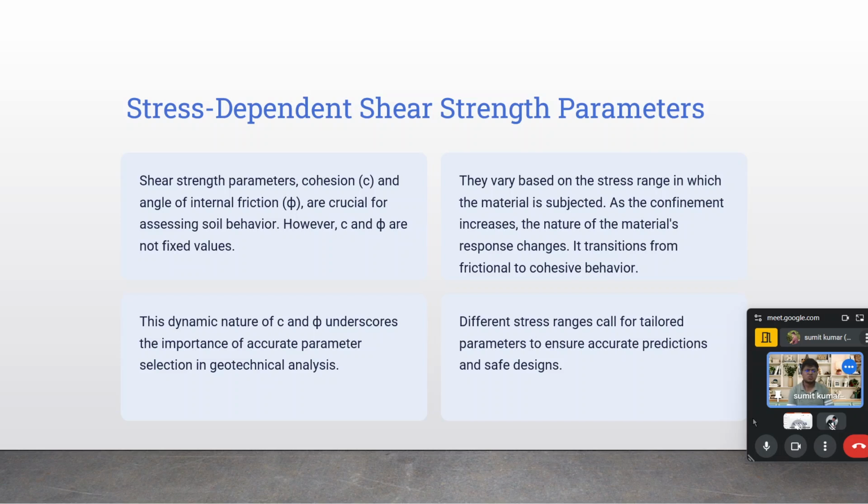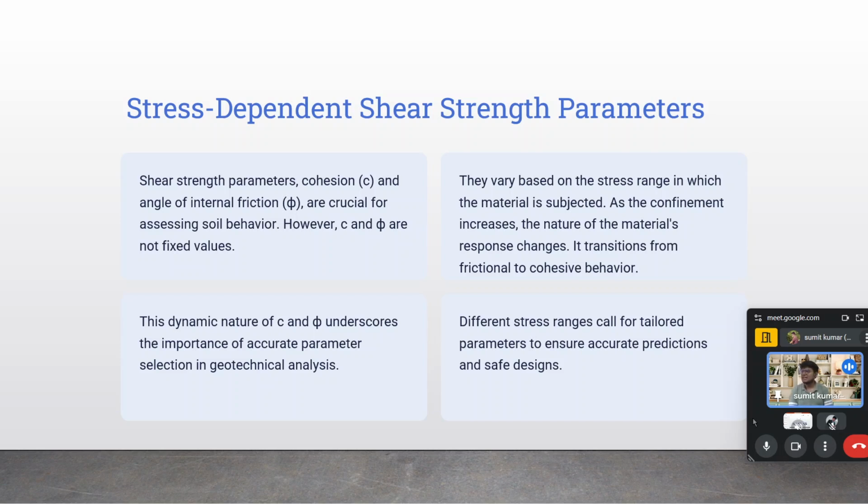As the confinement increases, the nature of the material's response changes and it transitions from frictional to cohesive behavior. The dynamic nature of the cohesion and angle of internal friction is one of the most important aspects for accurate parameter selection in the geotechnical analysis.